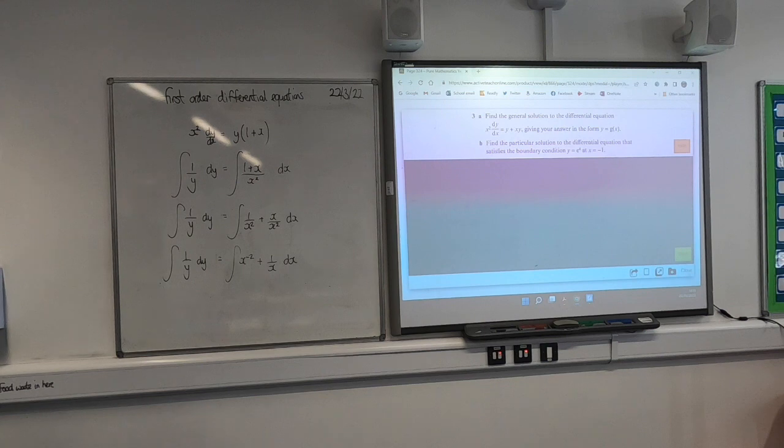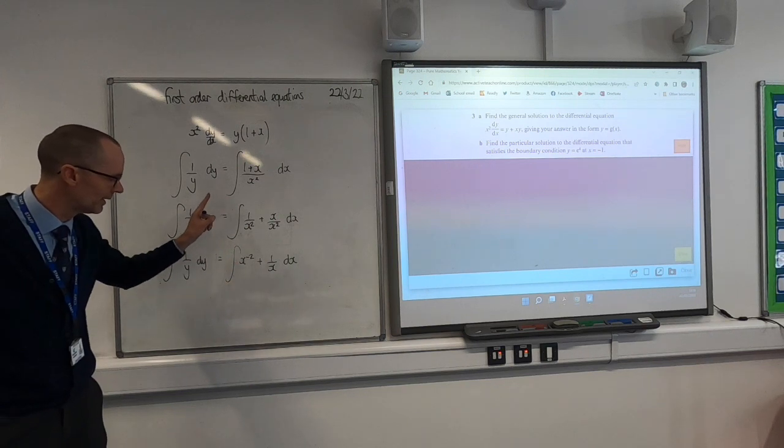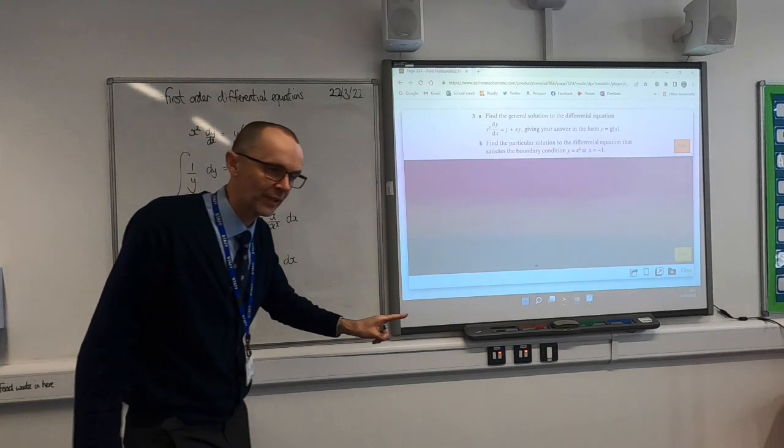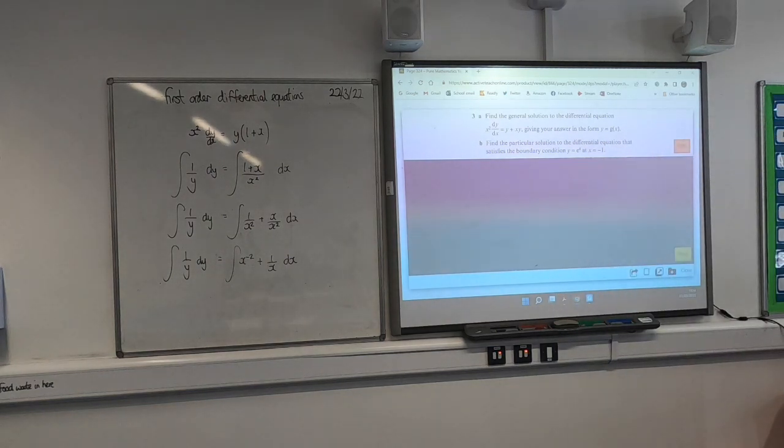So this is going to become ln y. That I'm going to increase the power by 1 divided by the new power. That's going to become ln x. Don't forget the plus c. So if you can get to that point, see if you can get to your general solution.